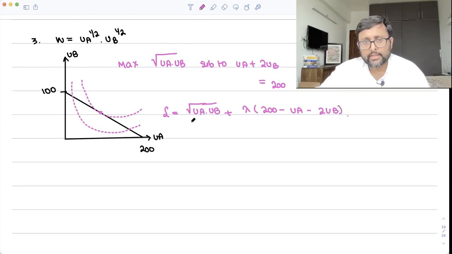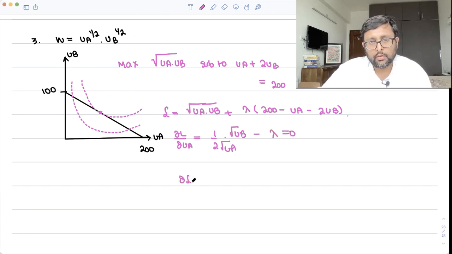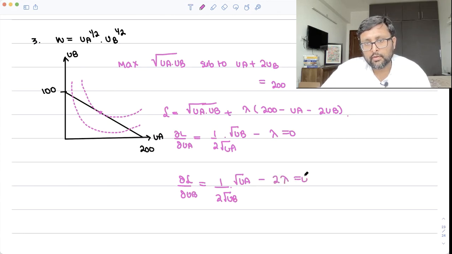So you just find out what exactly is going to be the case. Del L by del UA is going to be 1 by 2 root of UA into root of UB minus lambda equals 0. Del L by del UB is 1 by 2 root of UB in the denominator into root of UA minus 2 lambda equals 0.